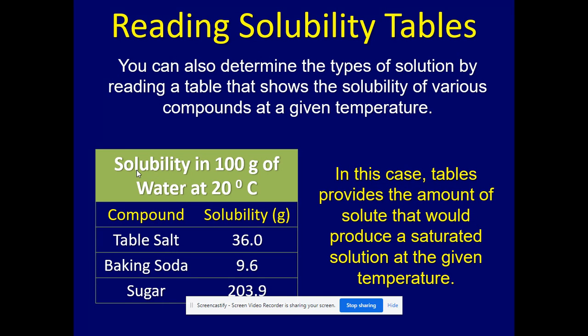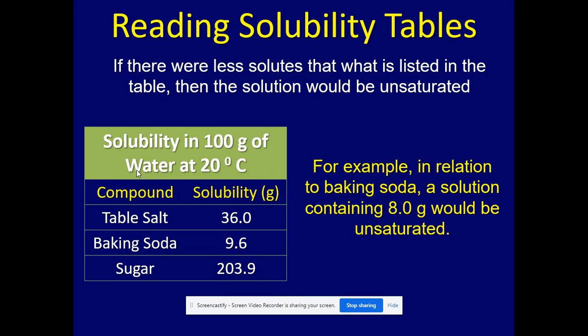You also need to be able to read a table and tell whether a solution would be saturated, supersaturated, or unsaturated. The table gives you the saturated amount. If any amount is below that amount, then it's unsaturated. If the amount given is over that amount in the table, then it's supersaturated.